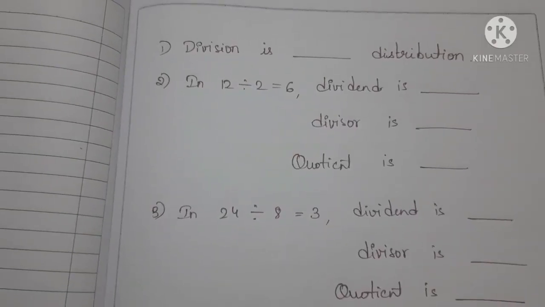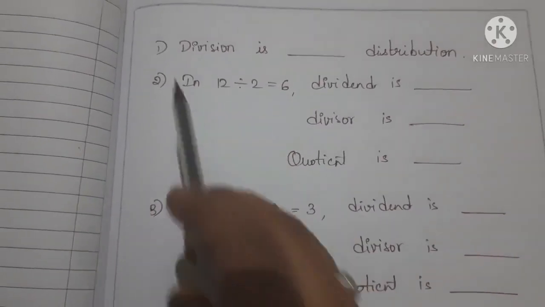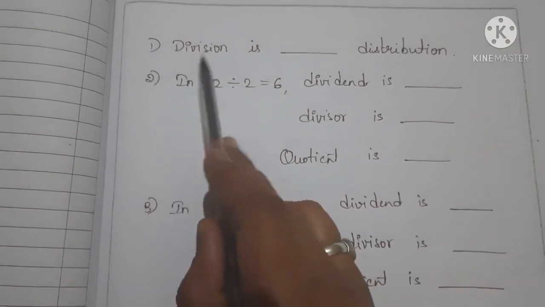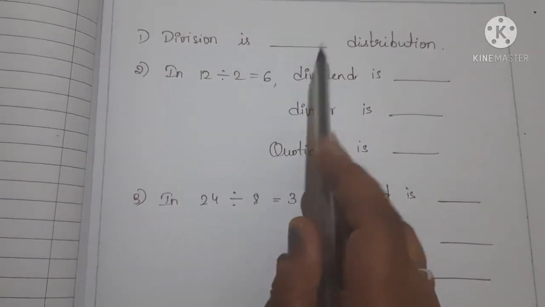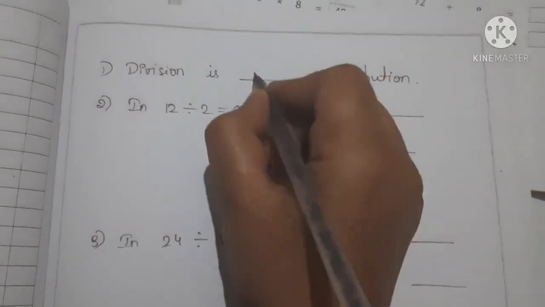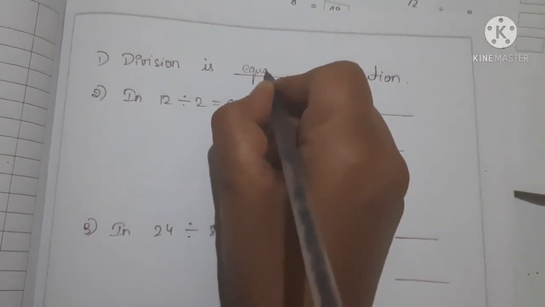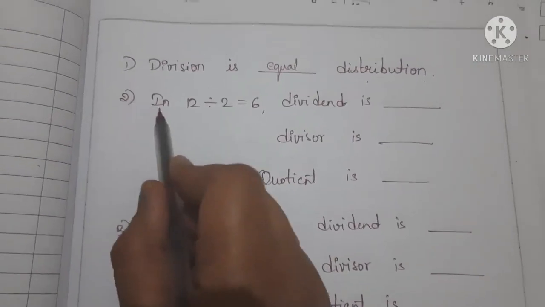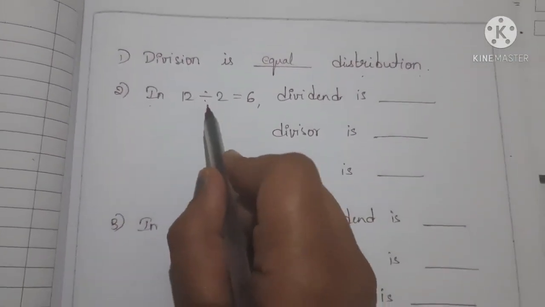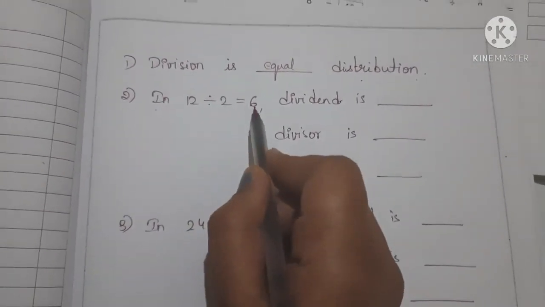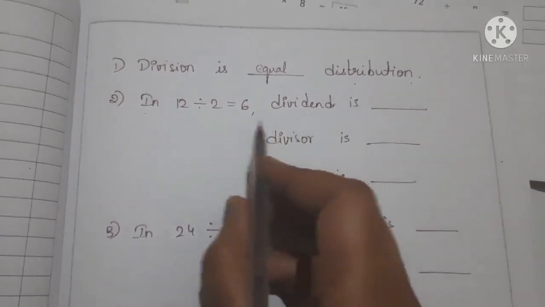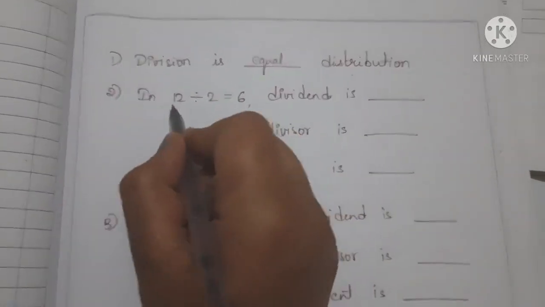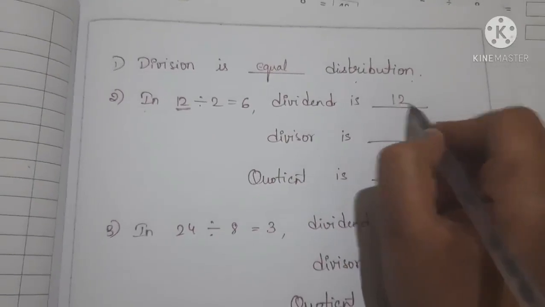Now let us practice some questions. First one, division is dash distribution. Division is equal distribution. And second question, 12 divided by 2 is equal to 6. Which is the dividend here? 12 is the dividend.